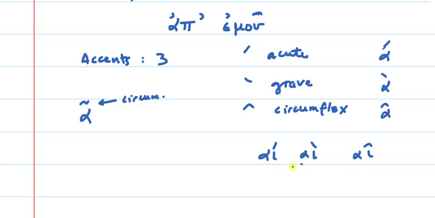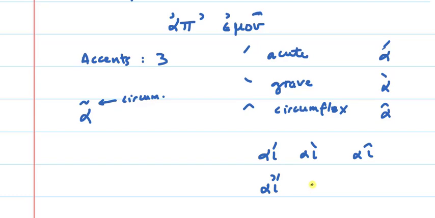If you have smooth or rough breathing and an accent mark, what do we do? Well, let's look at a couple of examples here. What if I have a smooth breathing and an acute accent? Both of them will go over the iota. Okay? The breathing mark comes first.